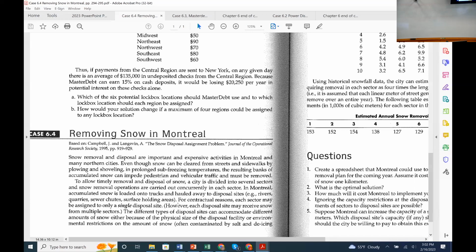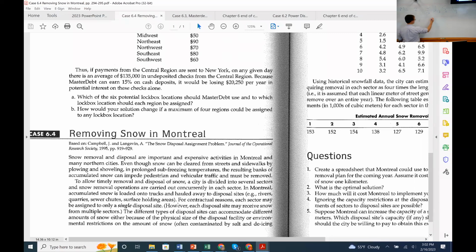So what's the formulation for the problem going to be? Minimize the sum over all i, j of the distance from i to j times the amount of snow in sector i times that binary decision variable saying yes, no, it's assigned to disposal site j or not.